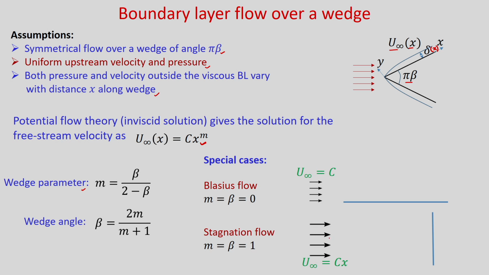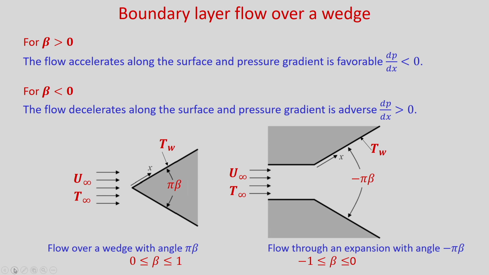If this flow situation arises where flow is coming and hitting this vertical plate, this is known as stagnation flow. So, depending on the wedge angle we will get different shapes, whether it is positive or negative.